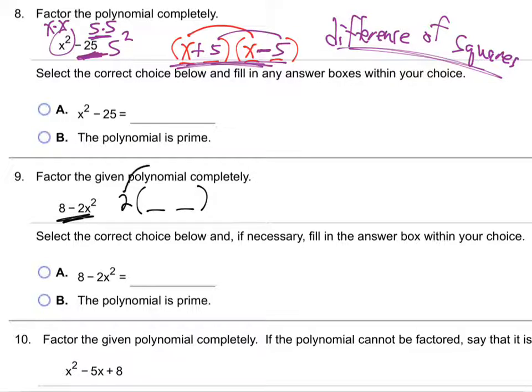In other words, 2 times what will go back to become 8? 4, huh? And 2 times what will go back to become minus 2x squared? Negative x squared, huh? Everybody see that? Could you factor out the negative 2 first? Yeah, we will. Good observation, exactly.